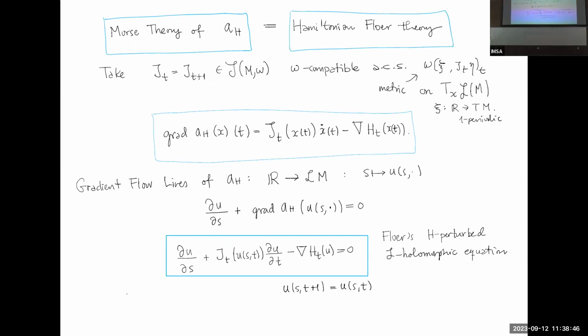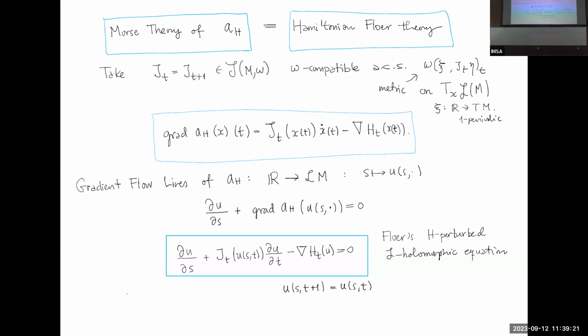Again, the problem is that you are working in infinite dimensions, and so trying to make it correct is a little problematic. But anyway, through choices, and in particular the choice of a family of almost complex structures, the Morse flow of the action defined by the action functional is given by the Floer J-holomorphic equation, which is perturbed by the gradient of the Hamiltonian functions.